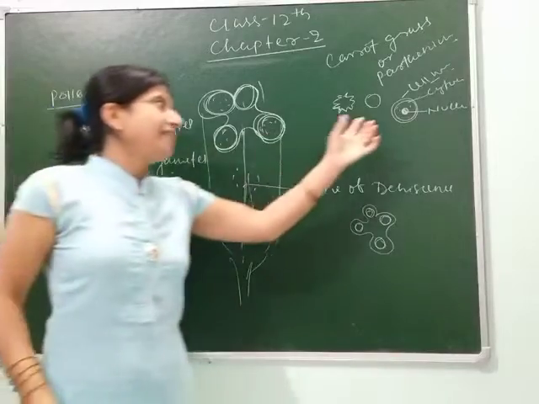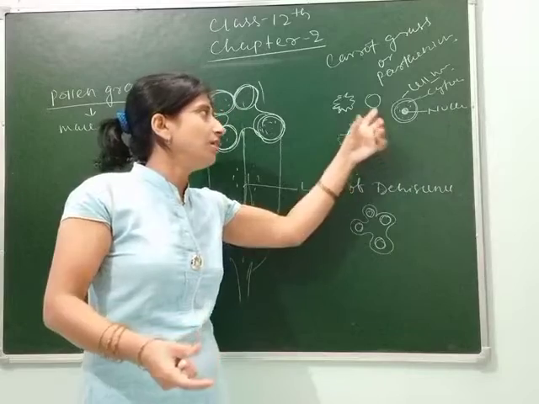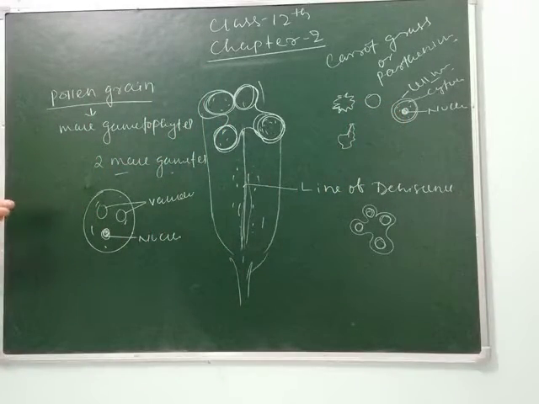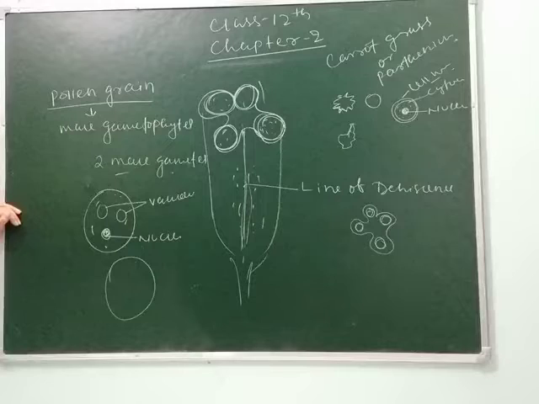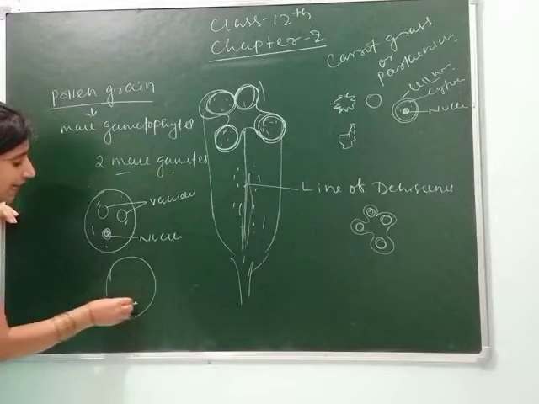Here I am telling about the steps of how a pollen grain matures. This is the first step and this is the second step. Then in the third step, the nucleus gets converted into a spindle shape. It looks like this.